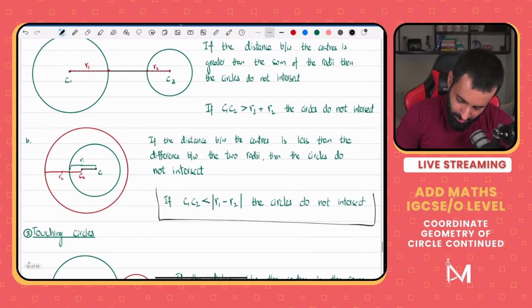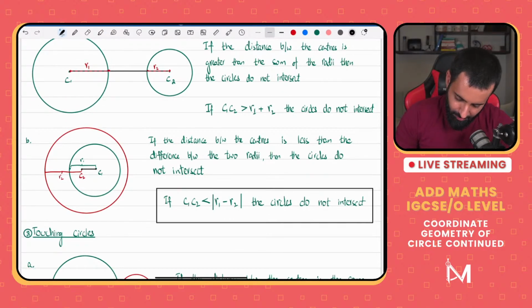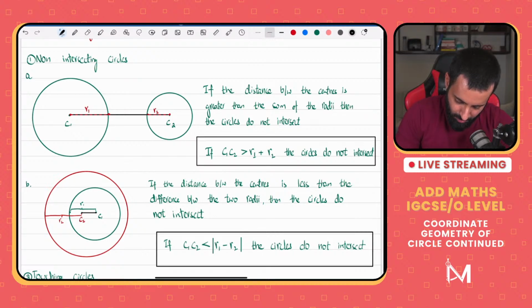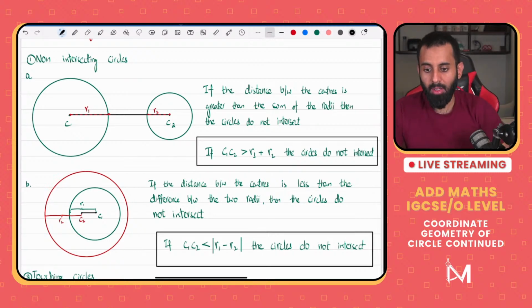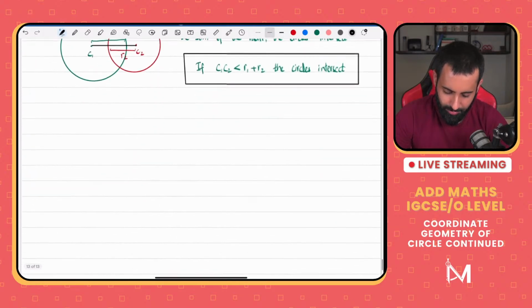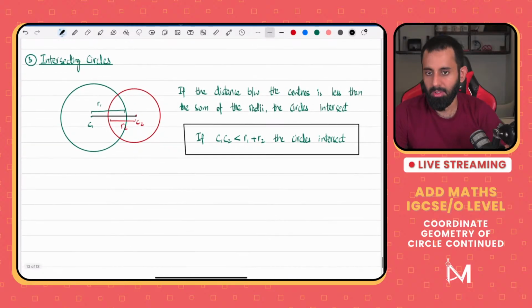These are newly added to the syllabus. This is part of coordinate geometry of the circle. If you just look at these rules, they may seem a little complicated, but they are actually not that complicated given that you have them memorized. The questions that I've seen so far are pretty straightforward.